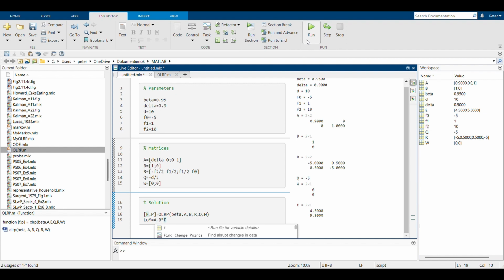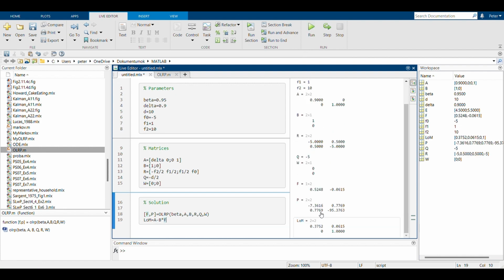So by running this program, we can see the law of motion for the optimal path of the labor force chosen by the social planner. As you may remember from what we have already covered in this session, this is the only perceived law of motion that implies itself through the optimizing behavior of the household in the disaggregated version of the problem.